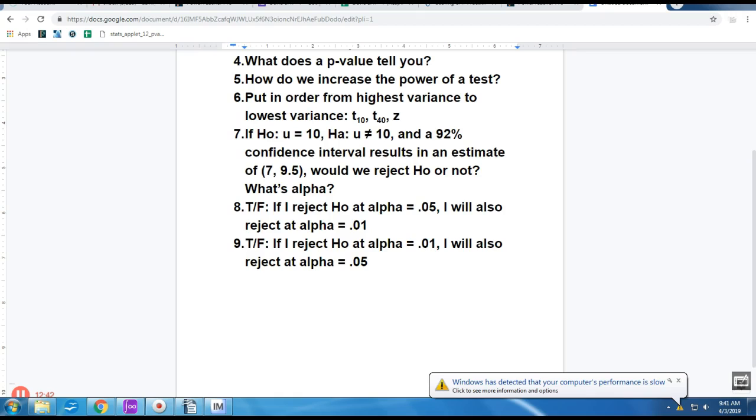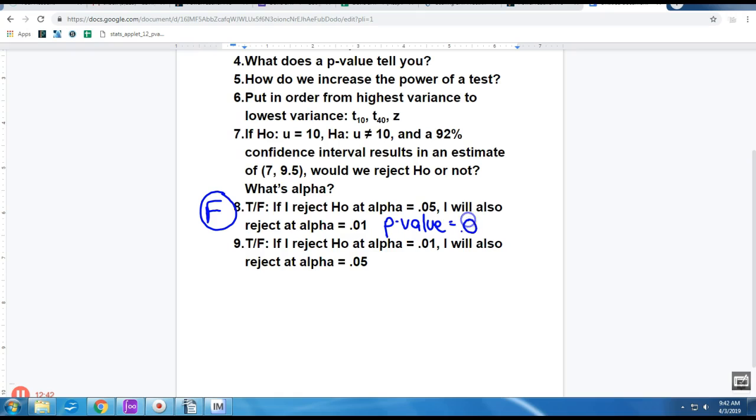What about 0.03? You know what I mean? So it could be that I reject this, but I don't reject this. Do you just say backwards what you were thinking? So this is false. Because, for example, the p-value could be in between those. So 0.03, let's say. I would reject at 0.05, but I would fail to reject at 0.01.